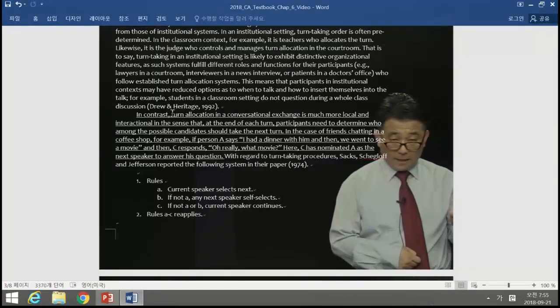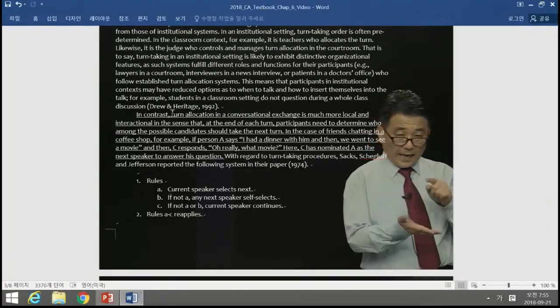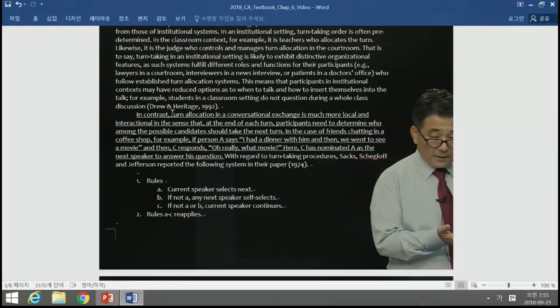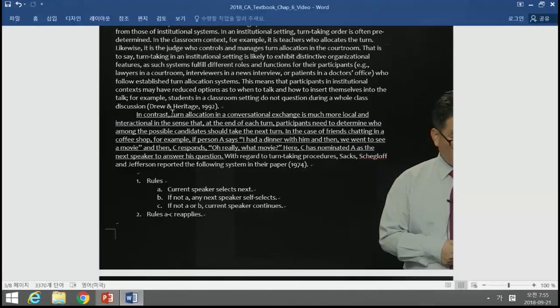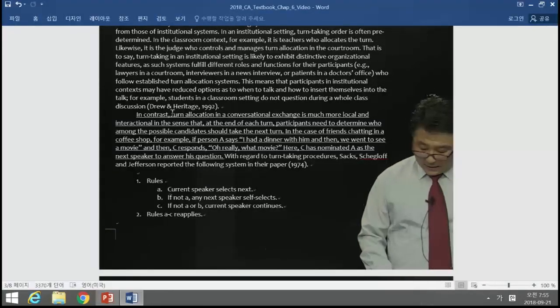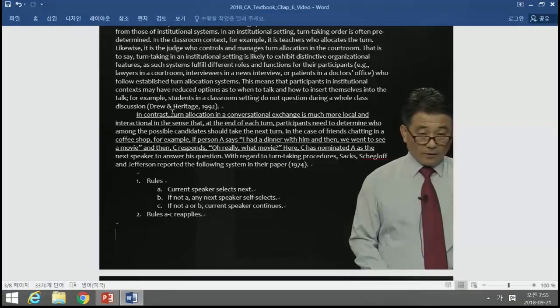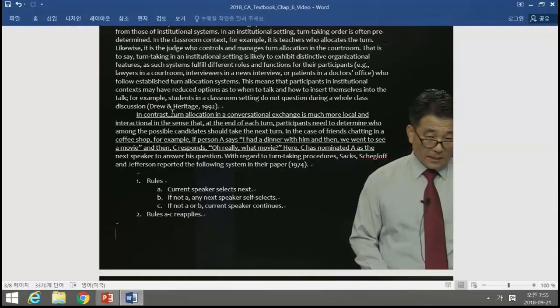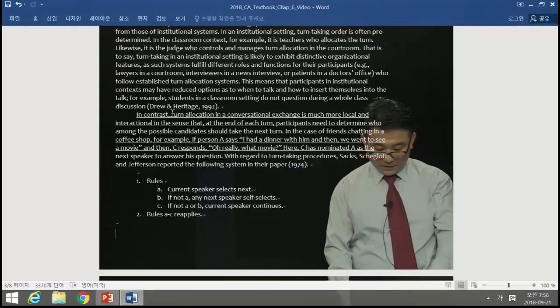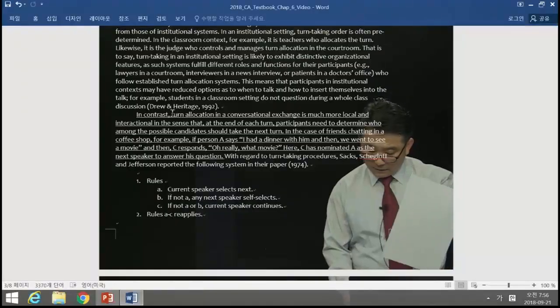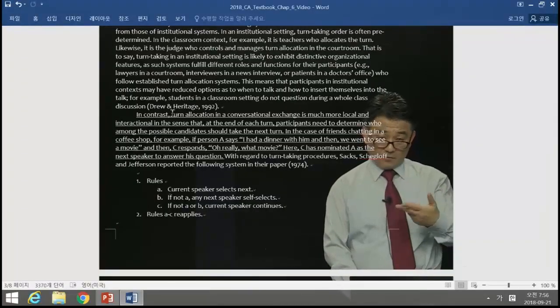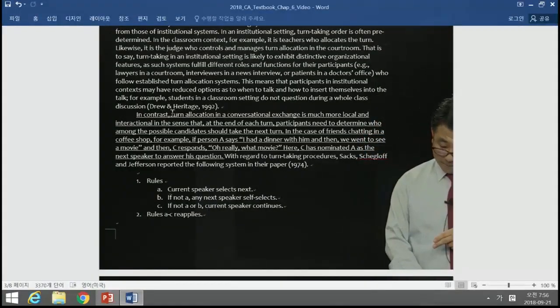If that doesn't happen, which means A doesn't happen and B doesn't happen, then C, the current speaker continues, and rules A through C reapply. A doesn't happen, then B, and if that doesn't happen, then we go to C, and so on. So the excerpts in the following pages demonstrate this point.